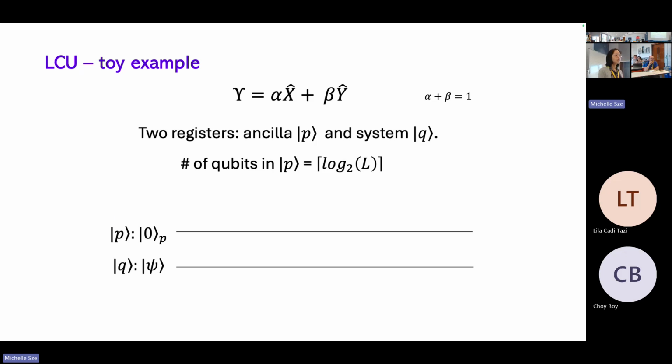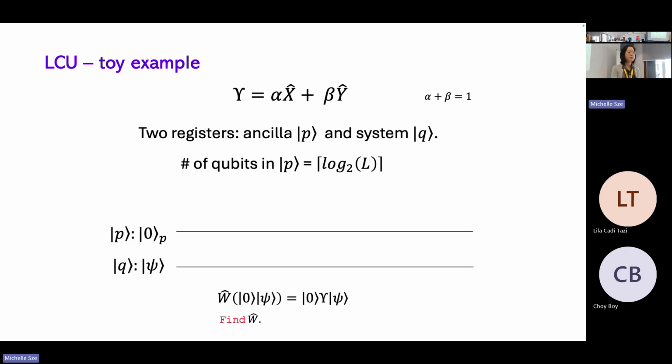In general, the algorithm will make use of at least two registers, one to encode the coefficients and the other for the system itself. The ancillary register, which we denote as the P register, we will initialize to zero qubits. And you have the psi register or the Q register for the system. Here, since we have two unitaries, your ancillary register will only have one qubit.